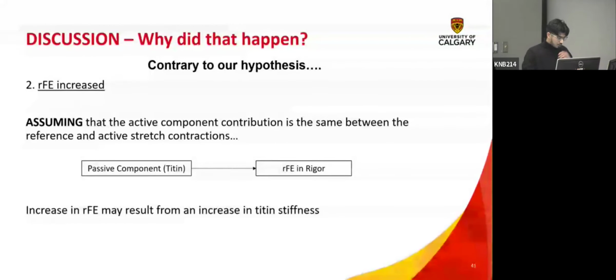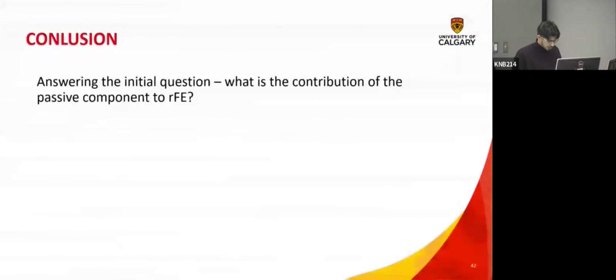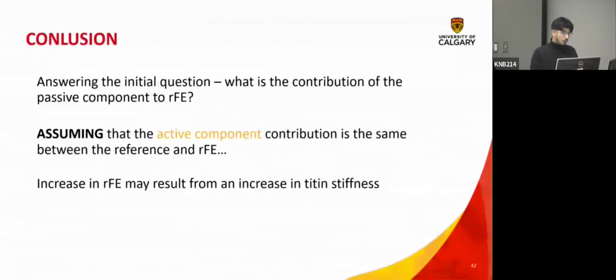Going back to our initial question then, what is the relative contribution of both the active and the passive component to RFE? Assuming that the active component was in fact the same between the reference and RFE contraction, then we may be able to say that the overall increase in RFE does in fact come from an increase in titin stiffness. However, there are some major limitations to note within this experiment.